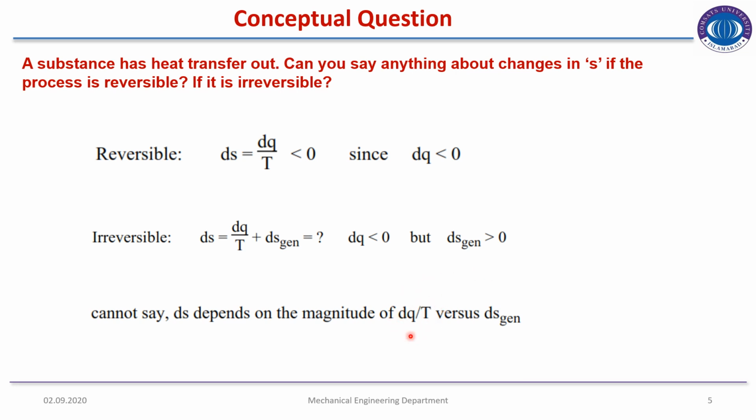So the term dQ by T represents the entropy transfer, whereas the term dS gen represents the entropy generated due to the irreversibility in the process. We cannot say directly about their individual magnitudes.